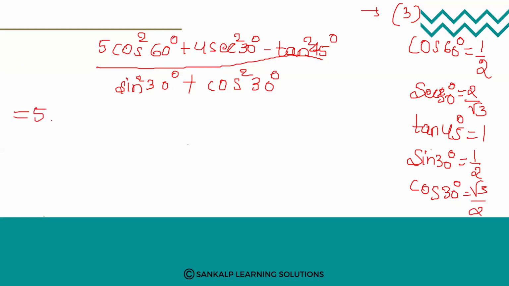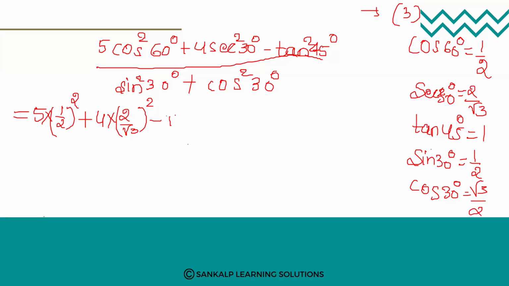That is 5u into cos square 60 degree. Cos 60 degree is 1 divided by 2. Cos square means put square, right? 4 into sec 30 degree. Sec 30 degree is 2 divided by root 3. Sec square means 2 divided by root 3 whole square minus tan 45 degree is 1.